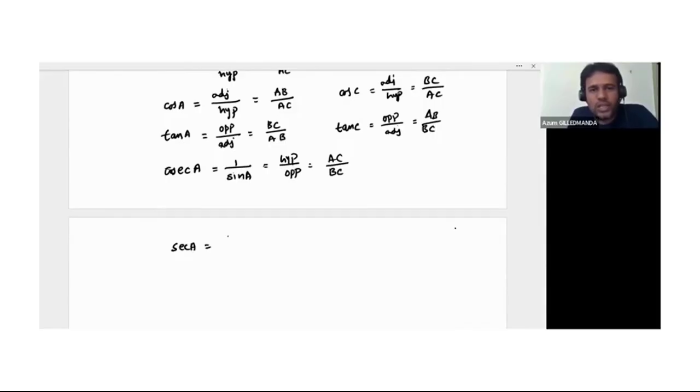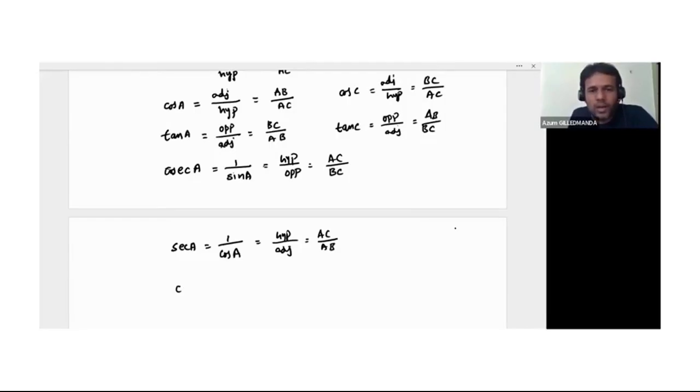Secant A is 1 by cos A. What is cos A? Adjacent by hypotenuse. So this becomes hypotenuse by adjacent. AC by adjacent is AB. You can similarly write for cosecant C and secant C. You just need to reverse that.